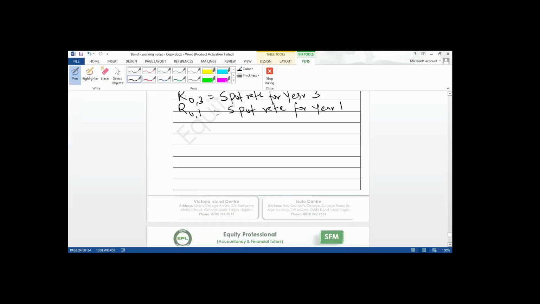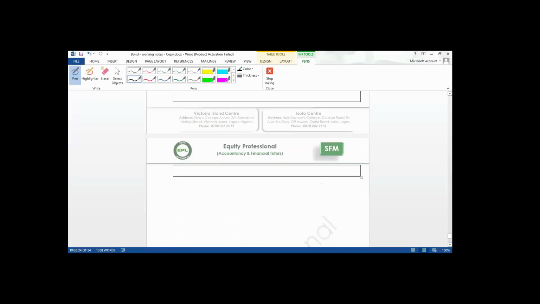Now, A2. Oh, space has finished. It's a serious matter. Anyway, the most important thing is that number 1. I'm trying to increase the space.